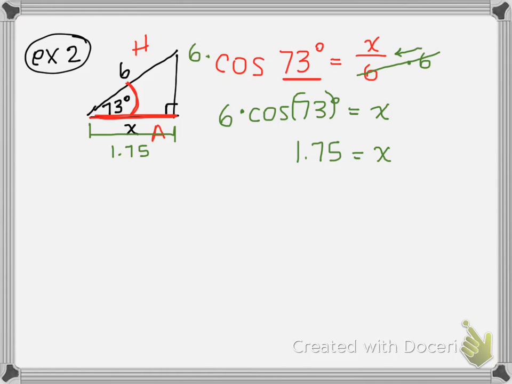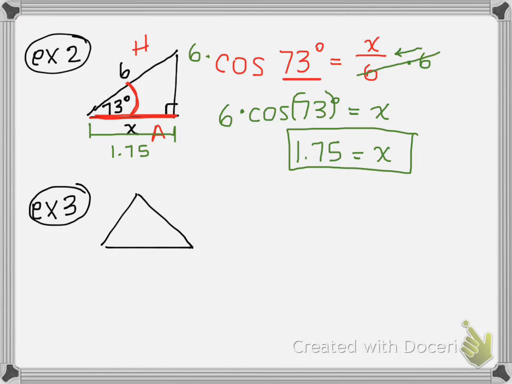And so once you find that, you have found your missing side length. So this is your final answer. And normally we'll round that to 2 decimal places unless otherwise noted. If it's noted, round to the nearest whole number, round to the nearest whatever, make sure that you do that.